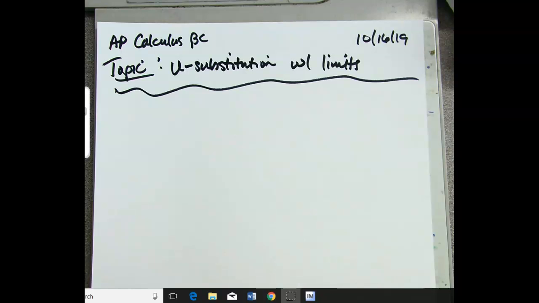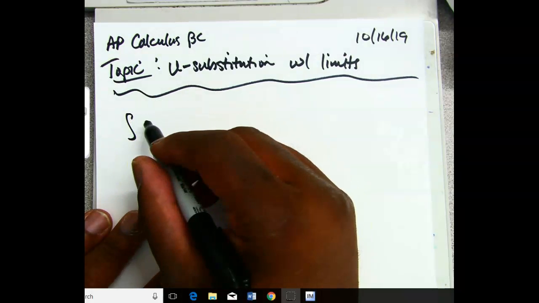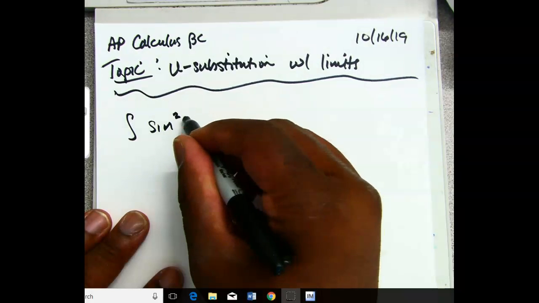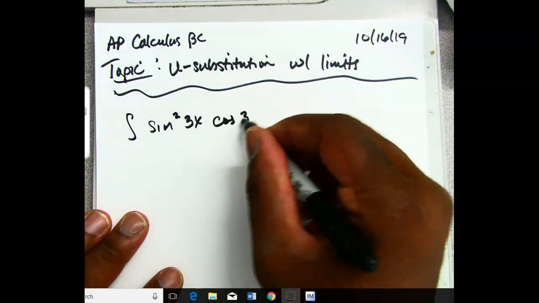All right, let's take a look at an example, one we should be comfortable with. How about the integral of sine squared of 3x cosine of 3x dx?